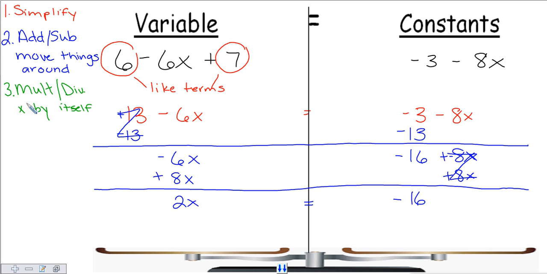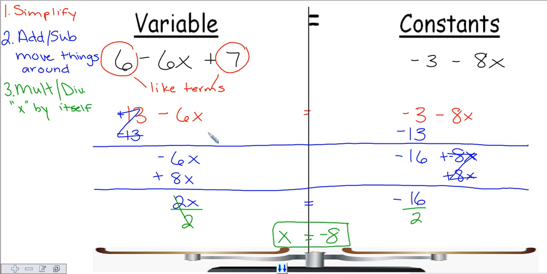Sometimes it'll be another variable, but we typically think of x as our variable. So to get this x by itself, I want my coefficient to be 1. Well, in order to get 2 to 1, I need to divide it by 2. 2 divided by 2 is 1, so x is equal to, divide by 2 over here, negative 16 divided by 2 is negative 8.